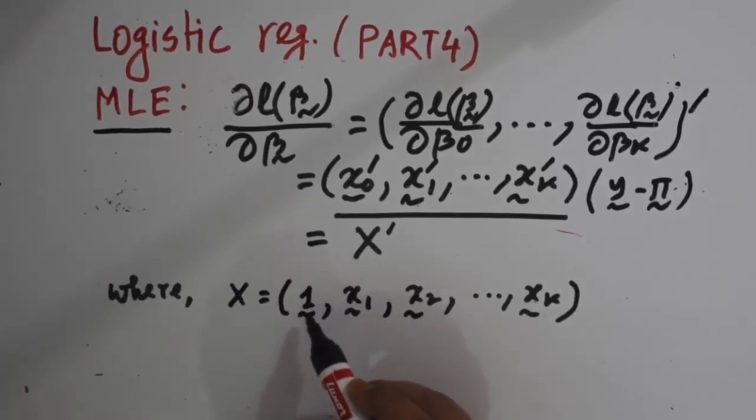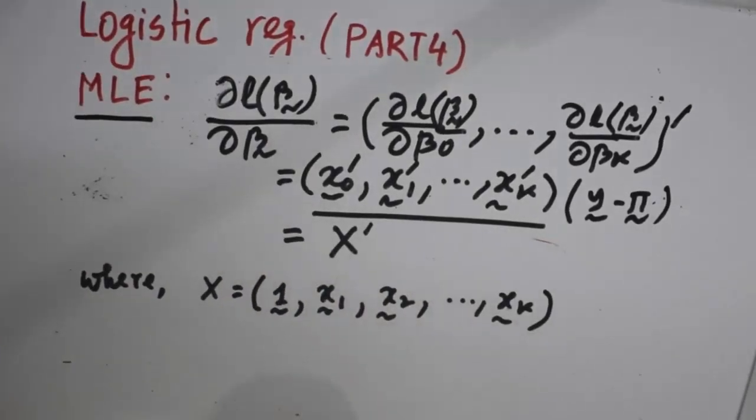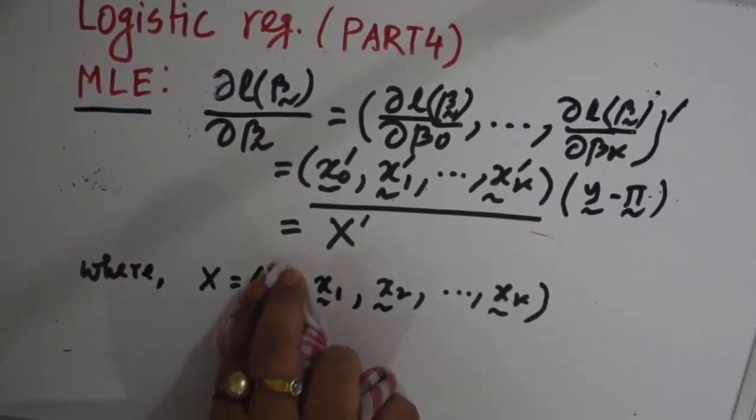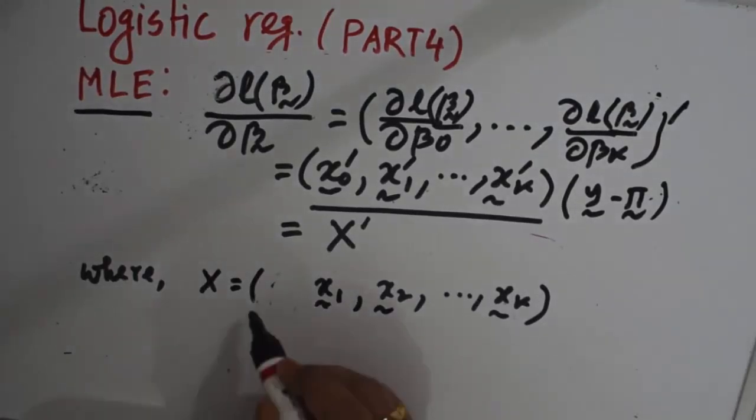I already mentioned I denote x naught curl by 1 curl.